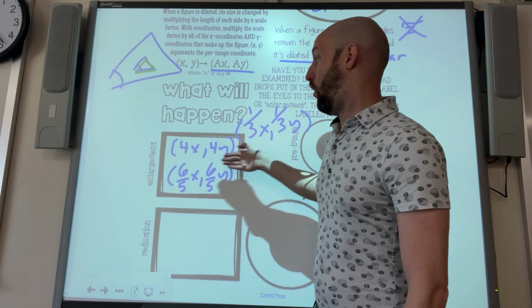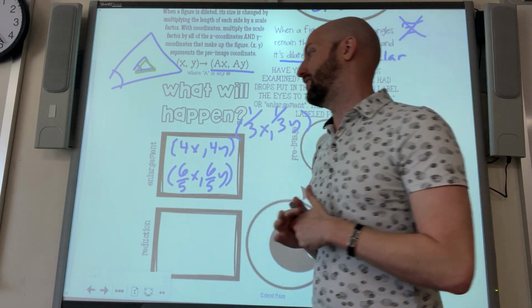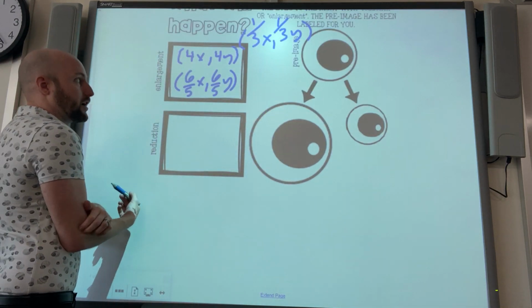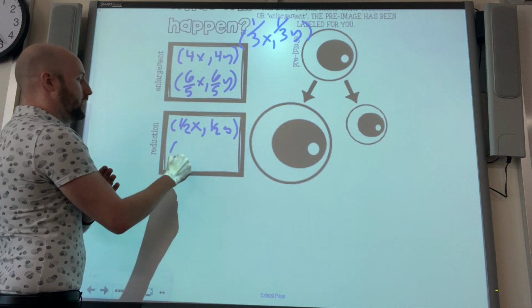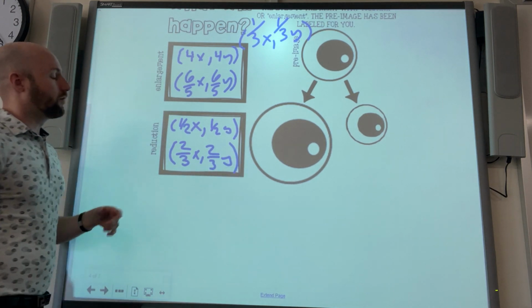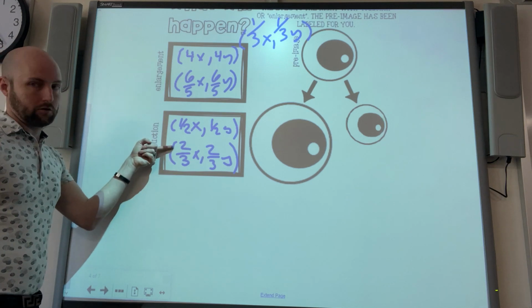If I'm overall multiplying more, then this shape has grown. And then a reduction is going to be anything that's an obvious fraction but not improper, like 1/2 x, 1/2 y, or 2/3 x, 2/3 y, where overall there's more division happening compared to the multiplication.